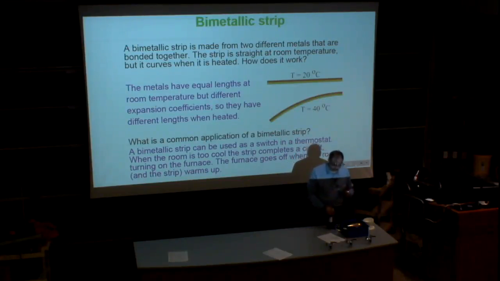They have different coefficients. And now, if they are warmed by the same degrees, they will expand differently. And how does it affect the device? It bends. One expands more than another.